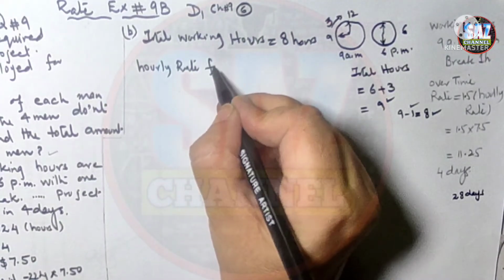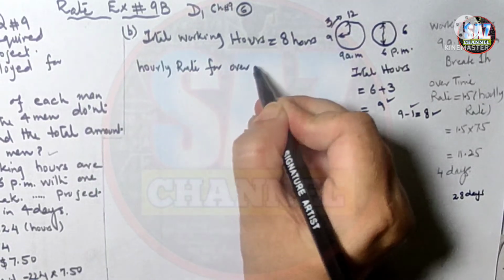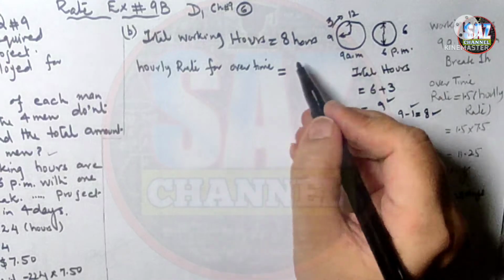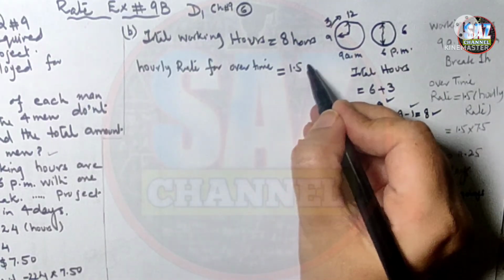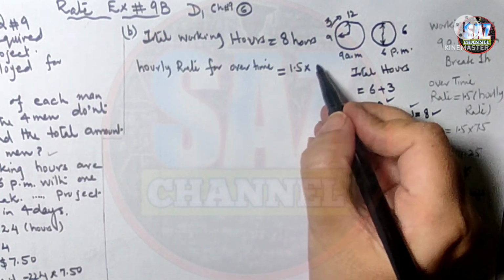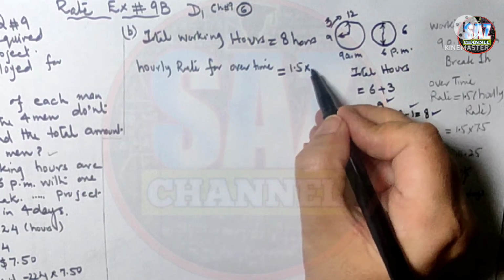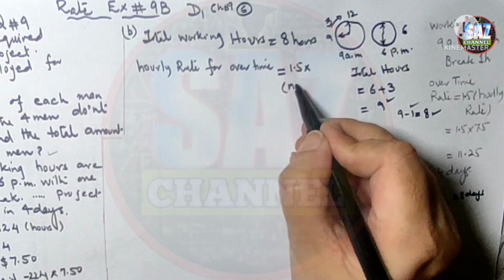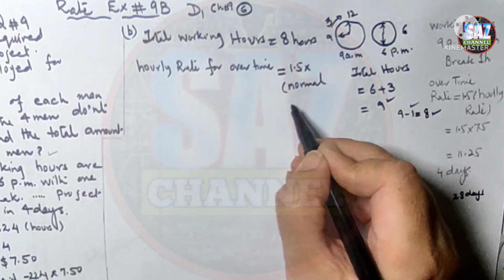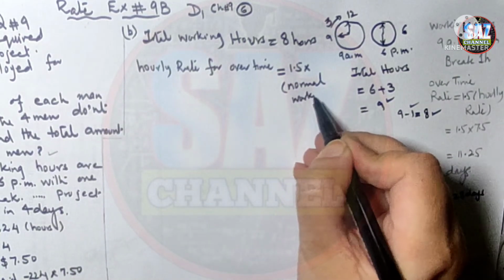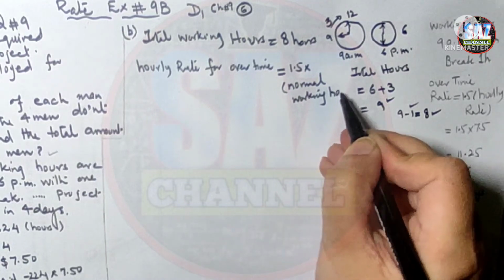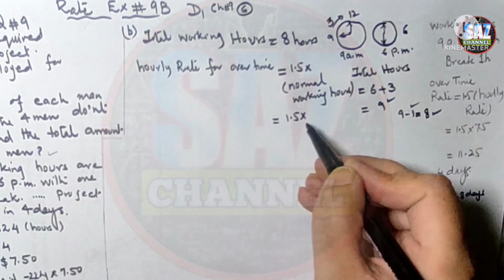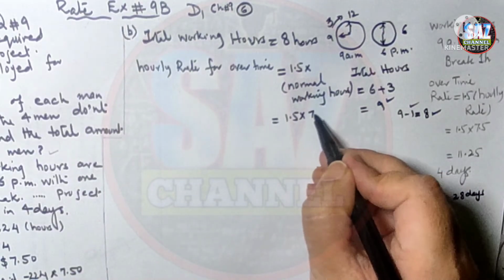The rate for overtime is 1.5 multiplied by their normal working rate, which is 1.5 multiplied by 7.5.